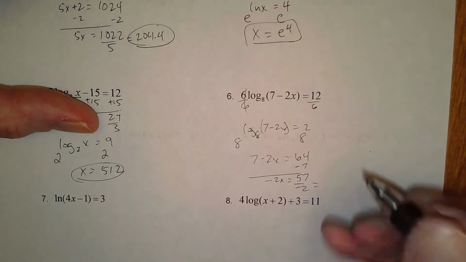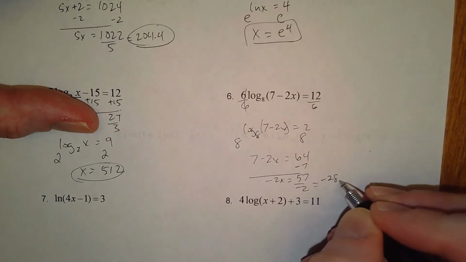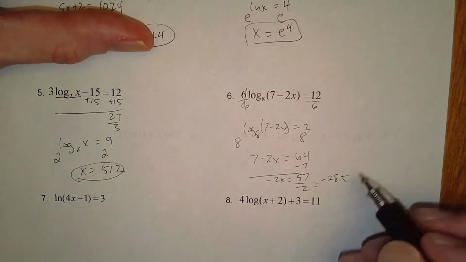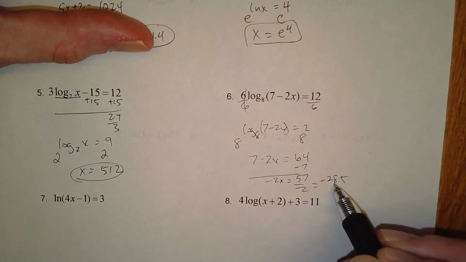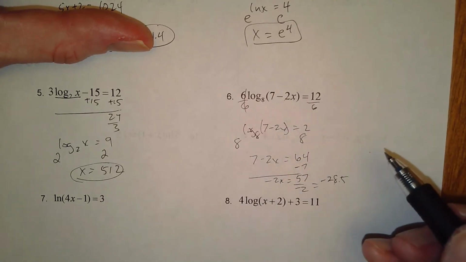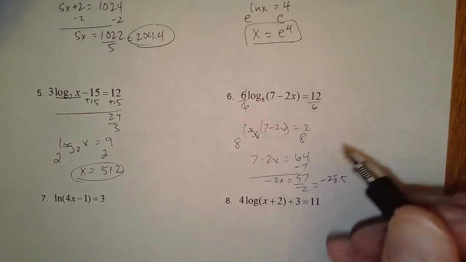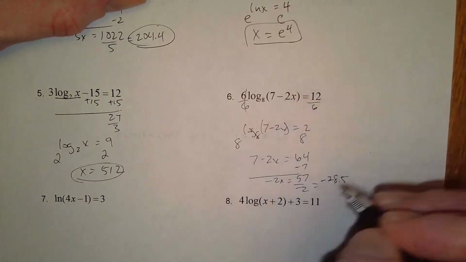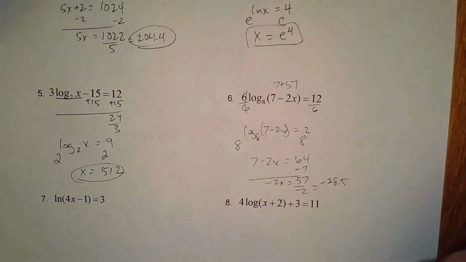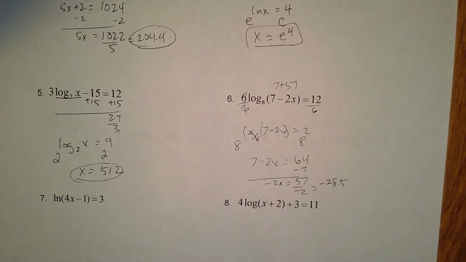Divide by negative 2, and it's negative 28.5. You might think that's bad, you can't have a negative. But if you plug it in up here, negative 28.5 times negative 2 would be a positive 57. So that's not that bad. It'd be 7 plus 57. So this one does work, the argument is still positive, so that's okay.